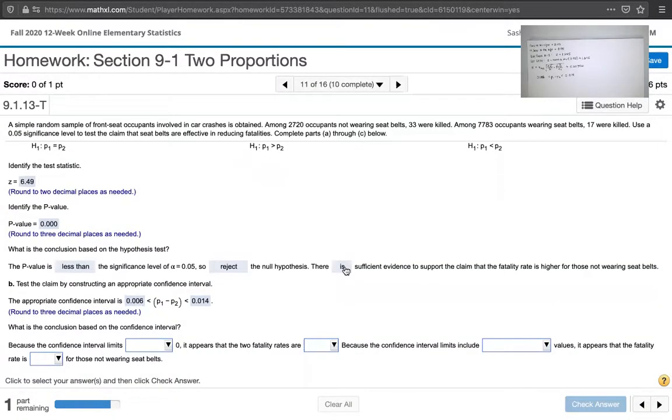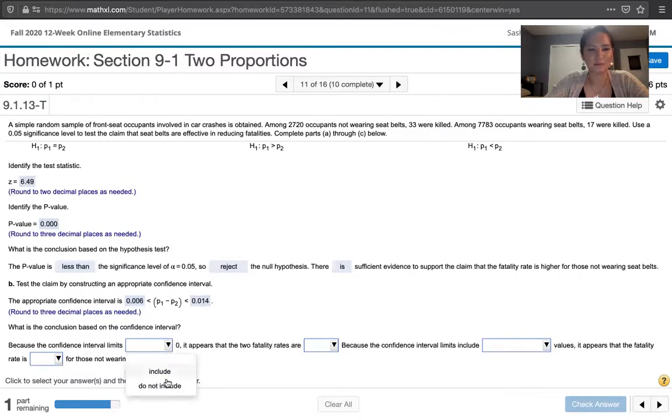And then it asks us, what is the conclusion based on the confidence interval? Basically, we're going to see whether or not that confidence interval includes the value of 0. Since P1 minus P2 is likely to be between 0.006 and 0.014, that confidence interval does not include 0.